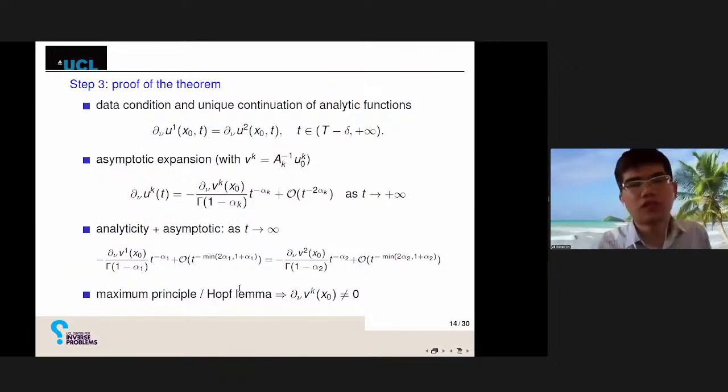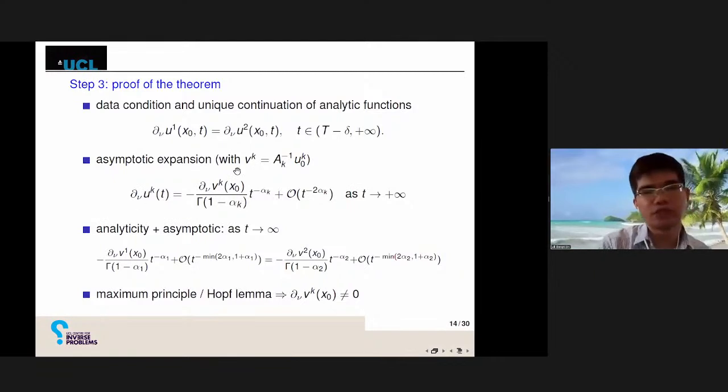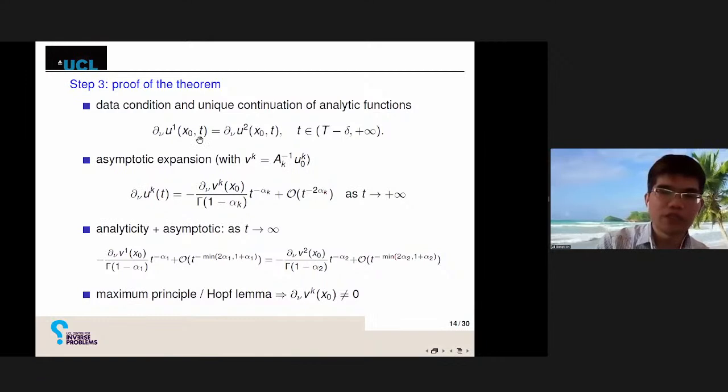With these two simple properties, we can immediately show the main statement. First, our assumption is that the flux will be equal on a small time interval away from where it vanished. Because we already see that these are analytic, we can extend this up to infinity in T. Essentially, given the measurement, we have this flux measurement up to infinity because of analyticity.